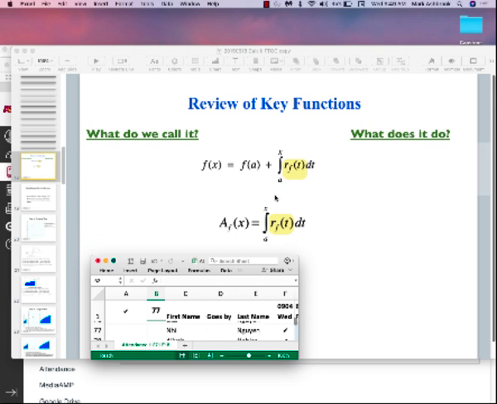Exact accumulation at x. Almost. What else do we need in there? Yes, ma'am? Exact net accumulation. What do we mean by that? Can you say what does it do for us? What is exact net accumulation? Changing it, how it's changing every moment? That's the rate of change. Yes, sir. And what about from A to x?